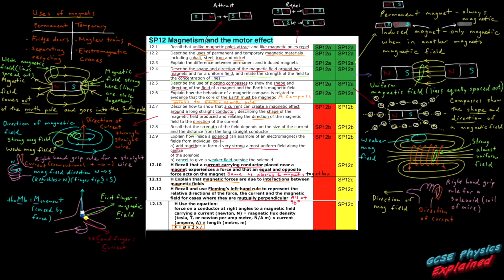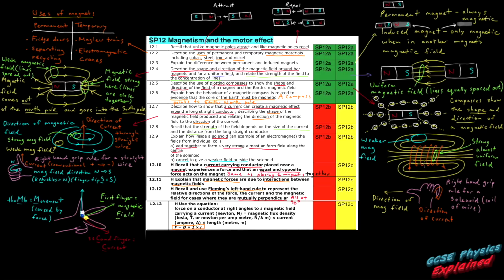Explain how inside a solenoid, so that's an example of an electromagnet, which is basically just a coil of wire. That's what a solenoid is. The fields from individual coils add together to form a very strong, almost uniform field along the center of the coil. And they would cancel out to give a weaker field outside of the coil.